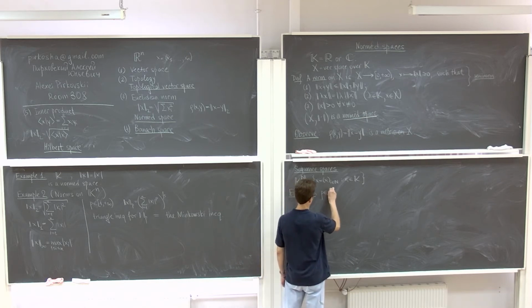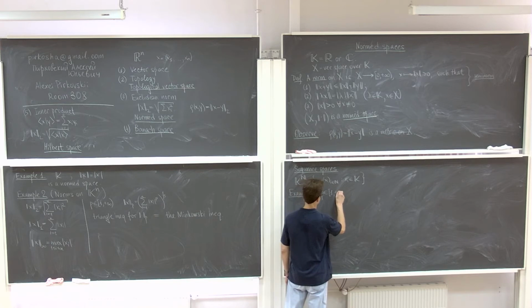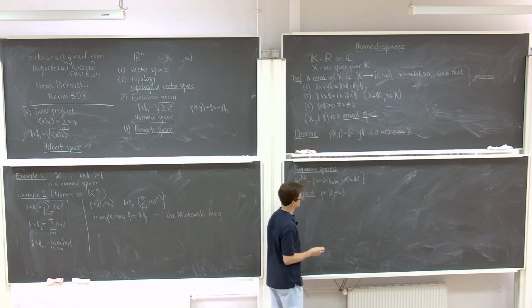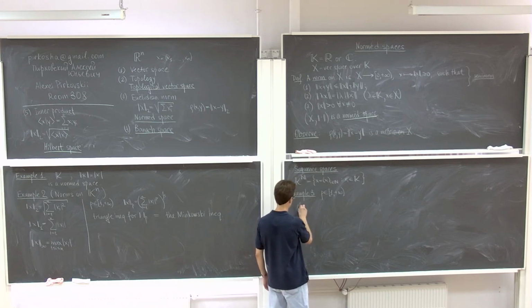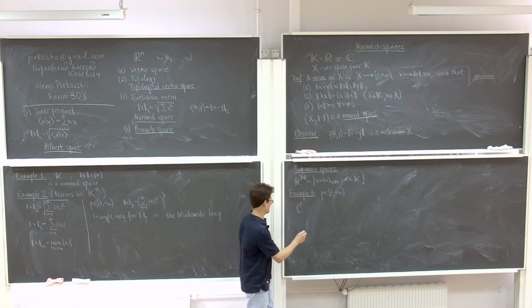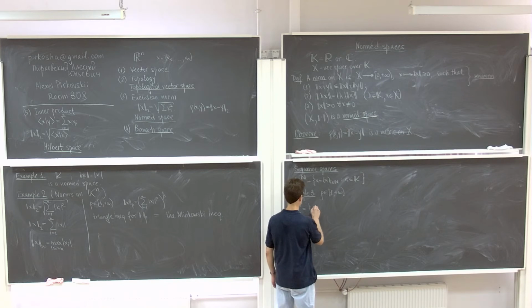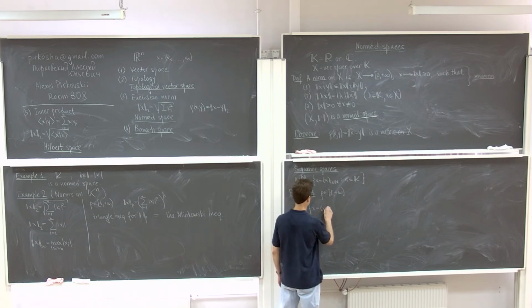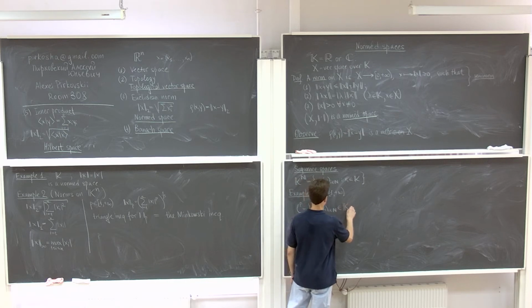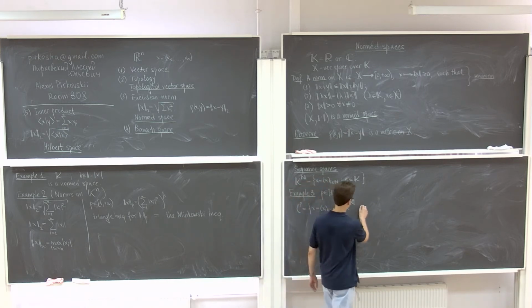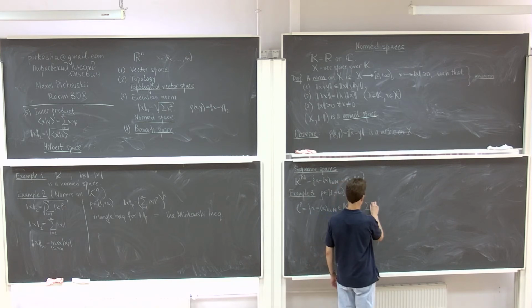As above, we denote by p any real number greater than or equal to 1. And we denote by little l^p the set of those elements, of those sequences in K^N, for which the following series converges.